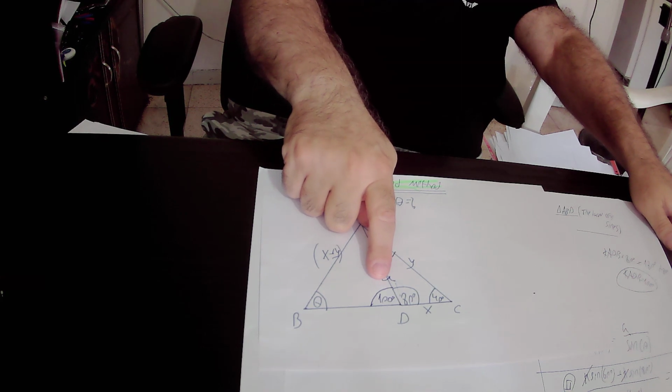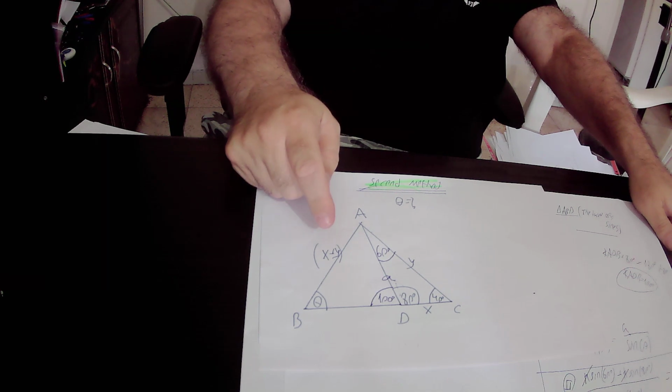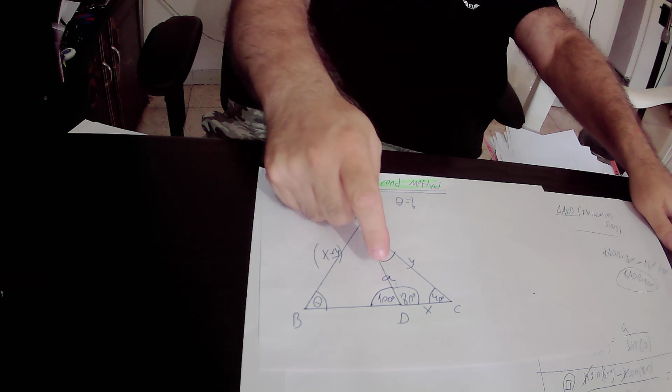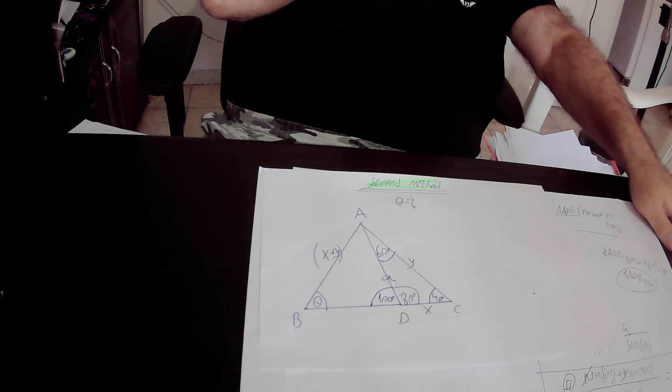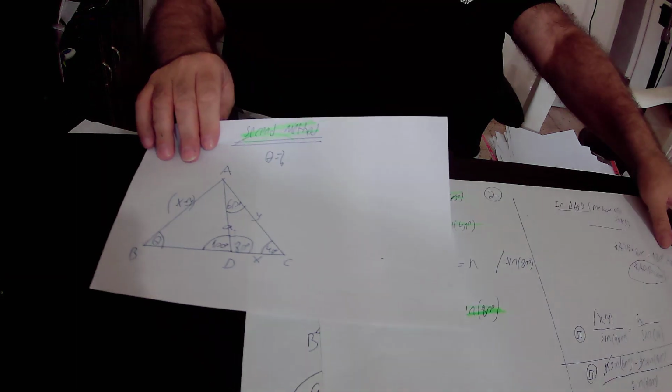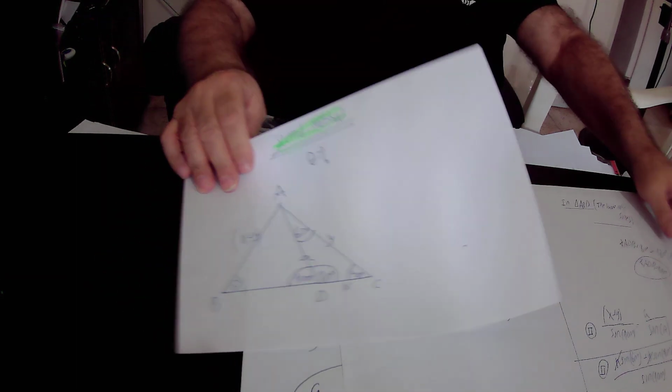So here in triangle ABD, according to the law of sines, we get that x plus y over sine 60 degrees equals A over sine theta. Okay, then we substituted A, X and Y by the values that we found here.